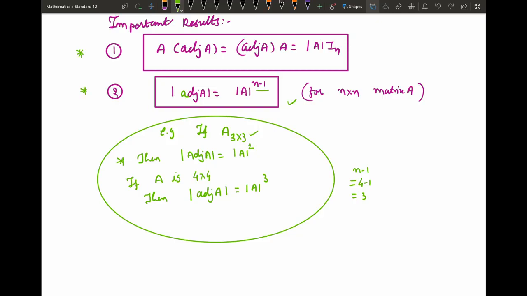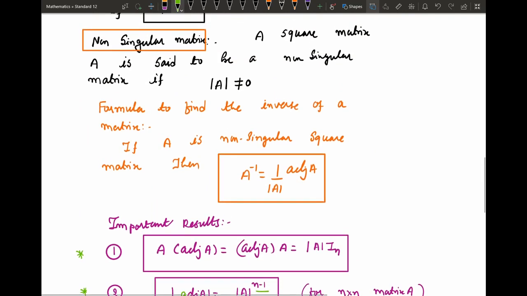A into adjoint A equals adjoint A into A equals determinant A into I, and this is the formula to find the inverse. A inverse is adjoint A upon determinant A, so the denominator should not be 0, so determinant A is not equal to 0.